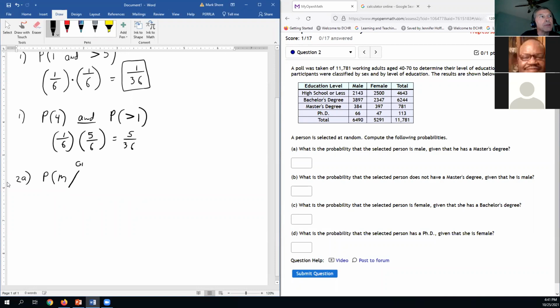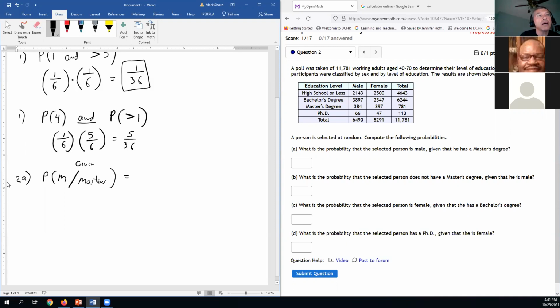It means it's out of what we're talking about here. Given that on this problem here, it says, given that he has a master's degree. So since male is already an M, I don't want to use another M for master's degree, so I'll just write that out.